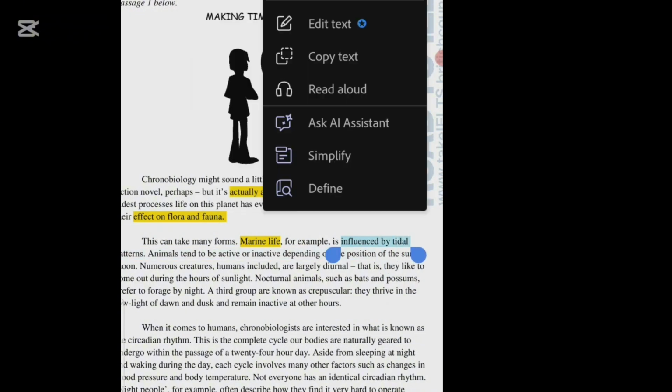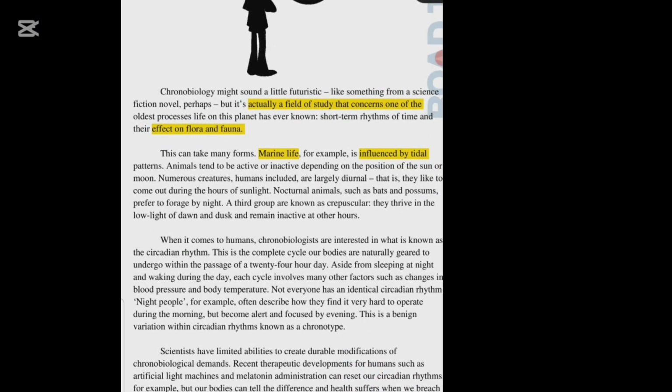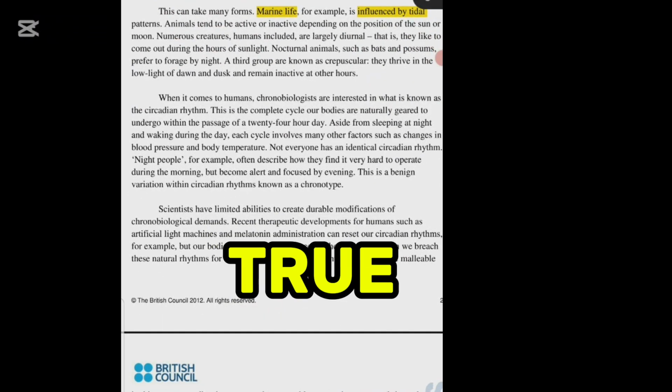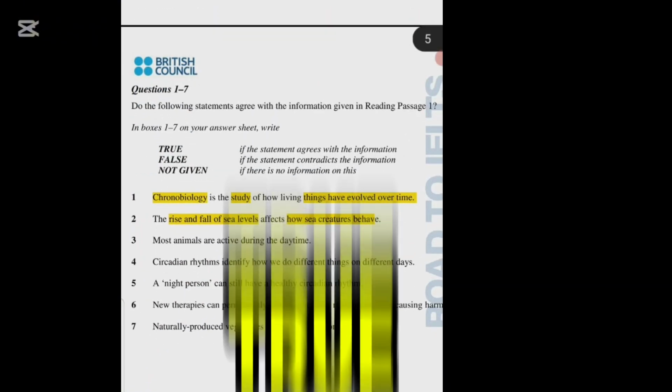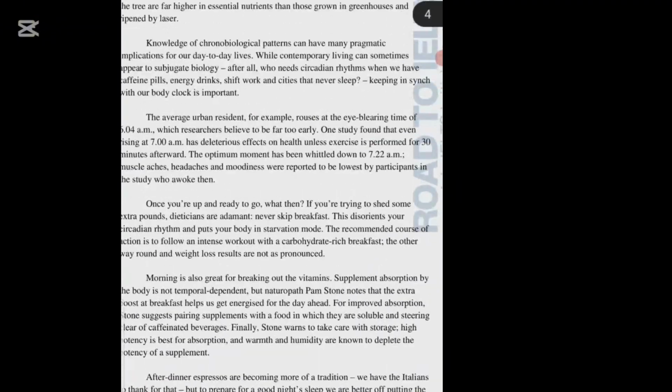So obvious, I think I've seen my answer. I'm sure you can tell by now that this is true, right? Marine life, for example, is influenced by tidal patterns. And here we have the rise and fall of sea levels, which is synonymous with the idea of tidal patterns, of course, how the sea goes up and comes down. And sea creatures behave, right?